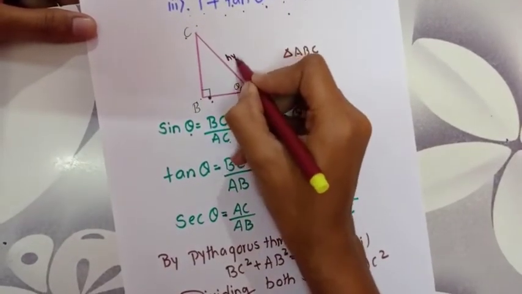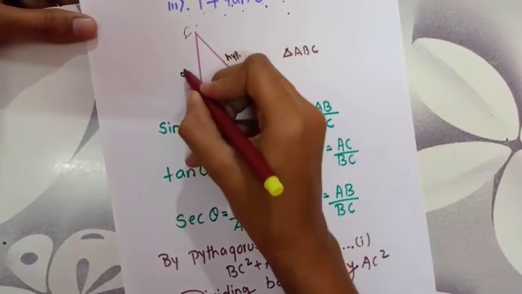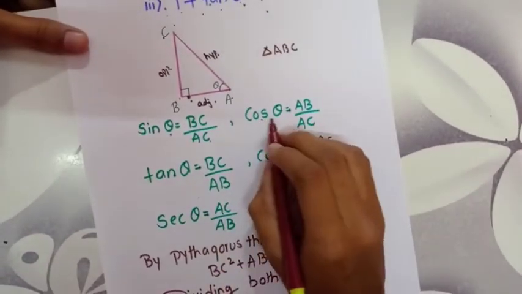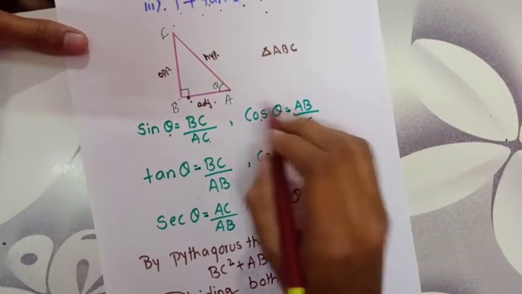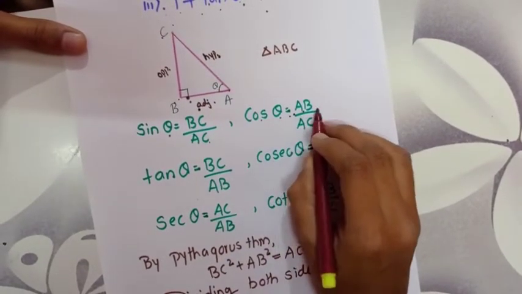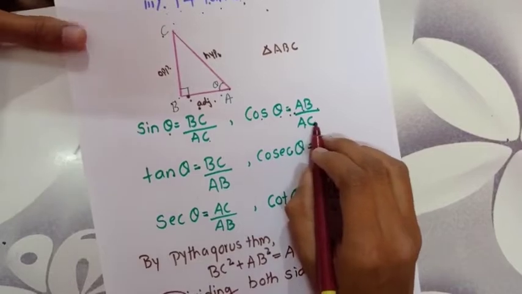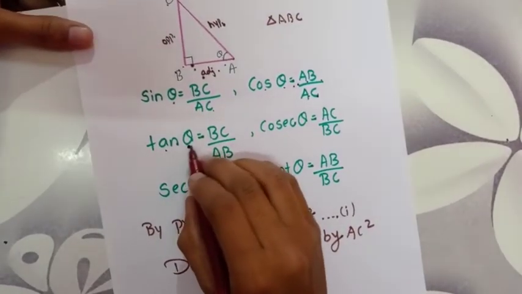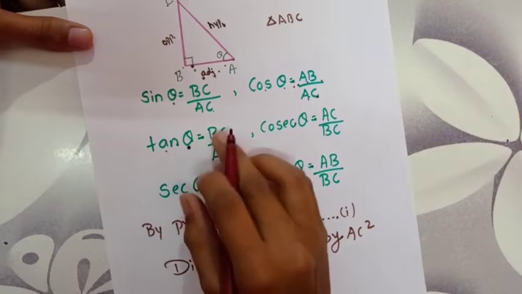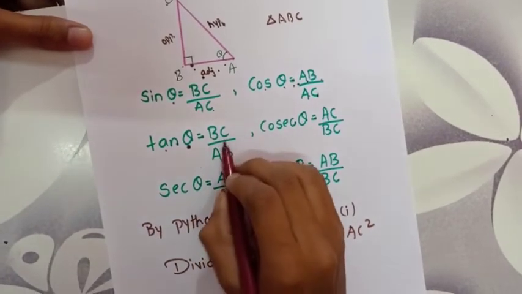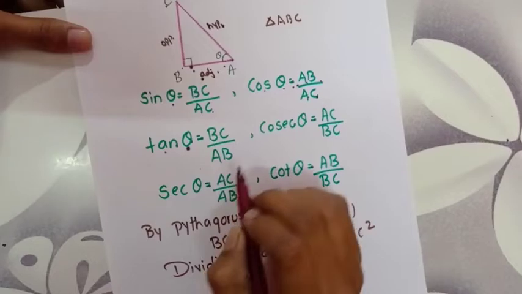This is the hypotenuse, this is the opposite side, and this is the adjacent side. Now cos theta is equal to adjacent side by hypotenuse, which is equal to AB by AC. Tan theta is equal to sin theta by cos theta, which is the opposite side by the adjacent side.